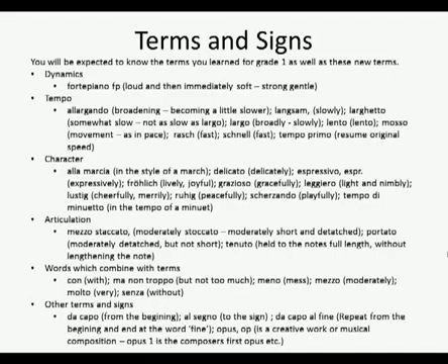Words which combine with terms: con means with. So we'll often have maybe something like con brio, which means with vigor. So con means with. Ma non troppo, but not too much.